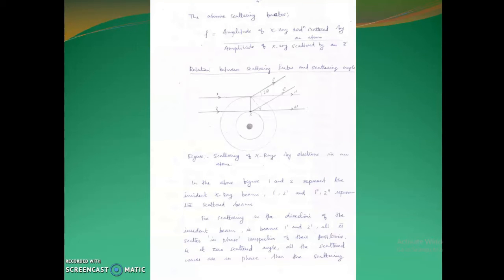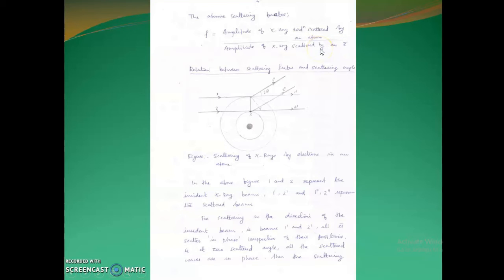So atomic scattering factor can be represented as f equal to amplitude of X-ray radiation scattered by an atom, that would mean amplitude scattered by all the electrons in that atom, right? Divided by amplitude of X-ray scattered by an electron. Hope it is clear. So what is the atomic scattering factor?